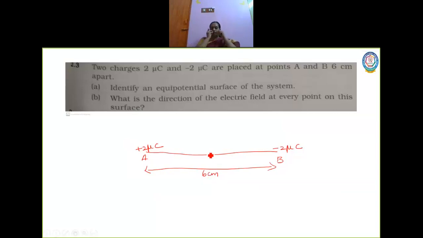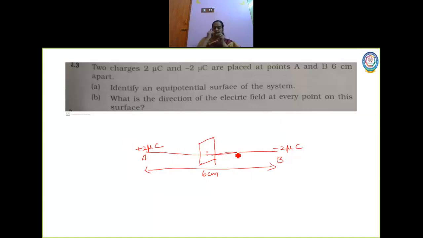Now, identify an equipotential surface of the system. How do you draw an equipotential surface for this system? This is how it will be: passing through the midpoint of this line.